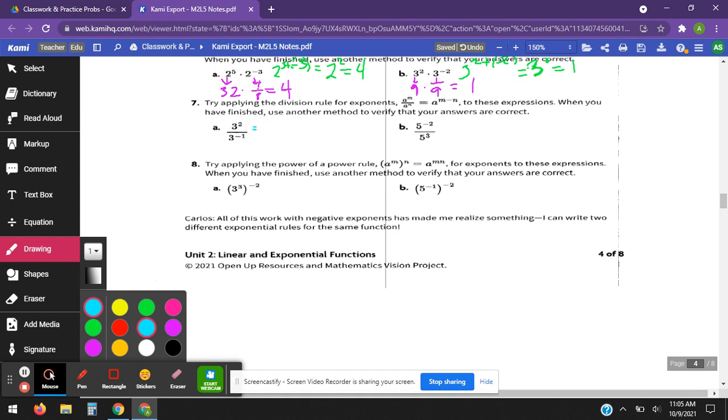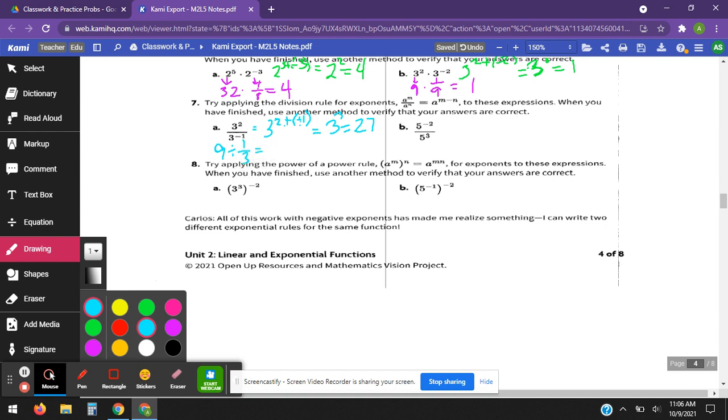So if we divide same bases, we subtract the exponents. So I'm going to do 3 to the second minus a negative 1. Don't forget those double negatives in there. Minus a negative is the same thing as plus a positive. So that is 3 to the third, which is 27. Now if I write this out, 3 squared is 9 divided by 3 to the negative first, which is 1 over 3.